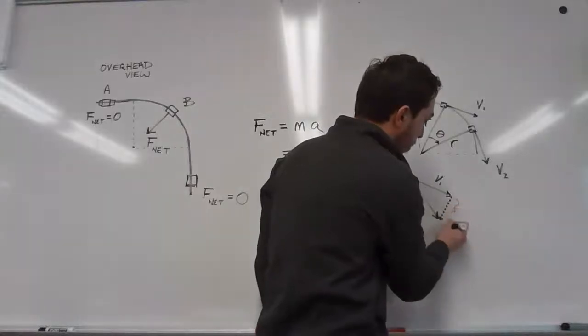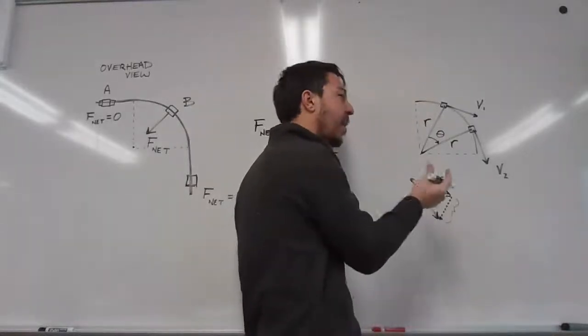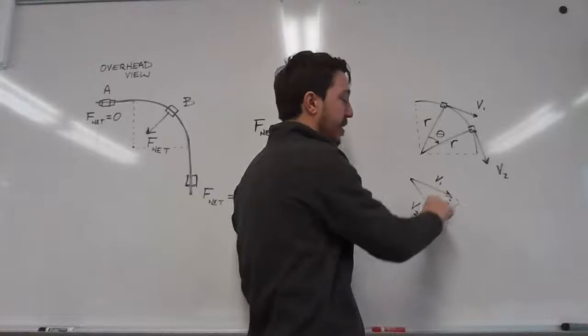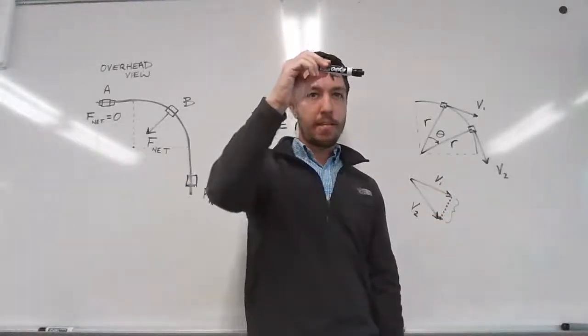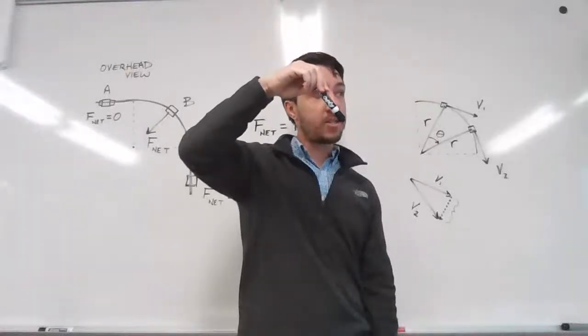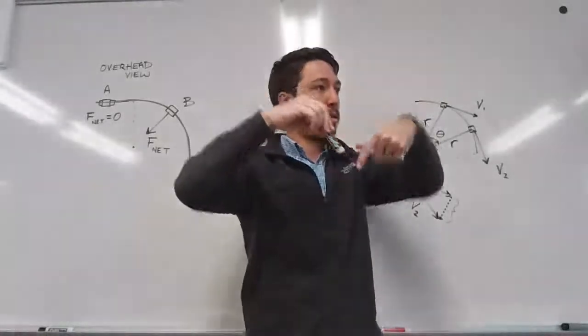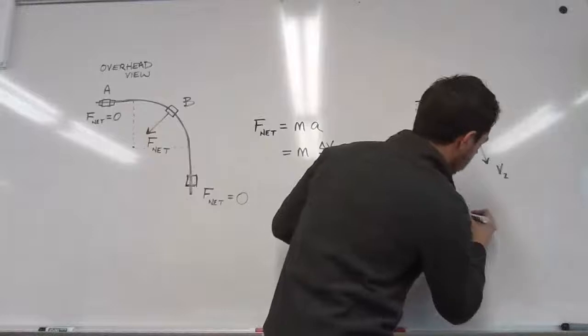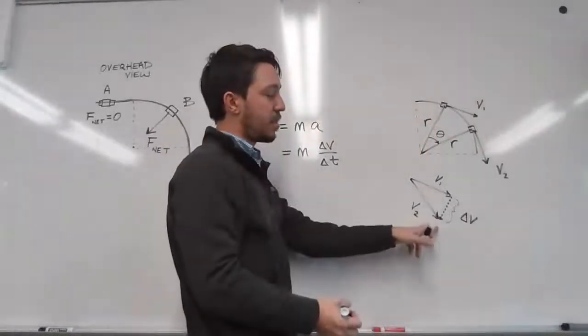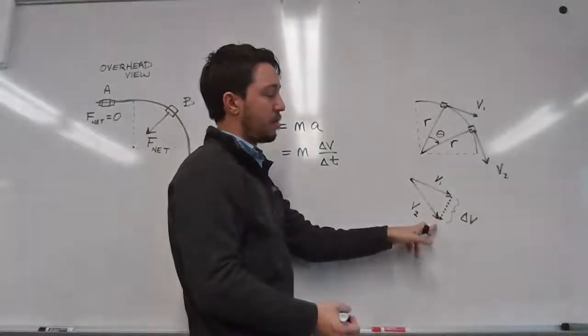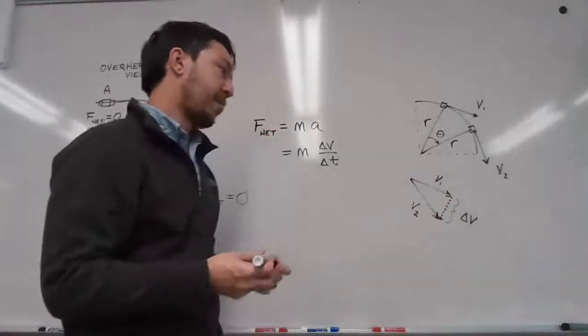It's okay. This here is the difference between those vectors. If my vector used to point this way, now it points this way. The change, the delta V, points in this direction. So this is the change in my velocity. Does that make sense? I hope it makes sense.